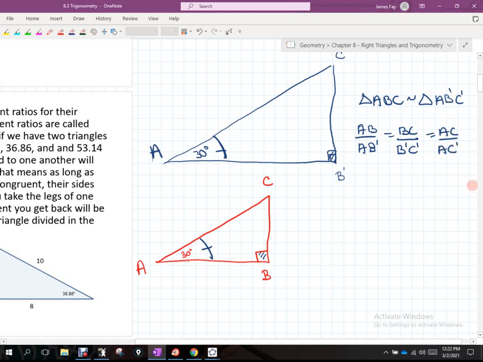Is that okay? I don't want to look at all three of these ratios, but we can extend what I'm about to talk about to all three ratios. I want to look at B, C, and let's just look at these two.